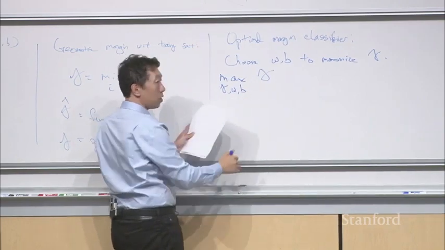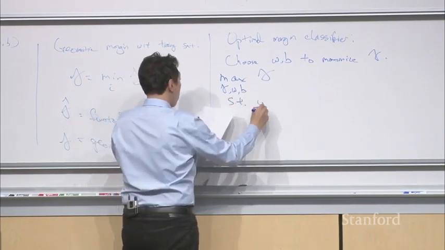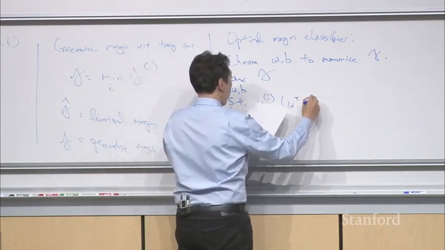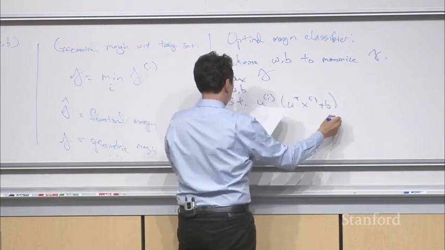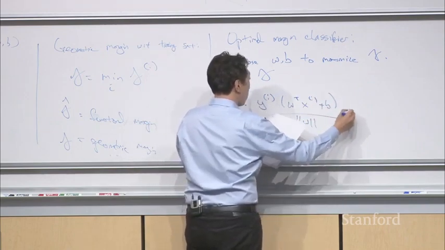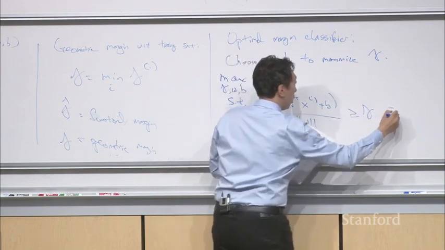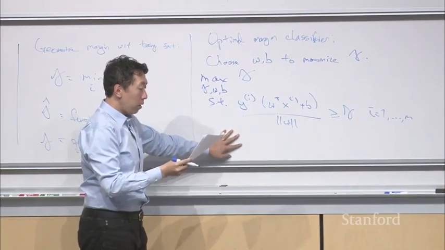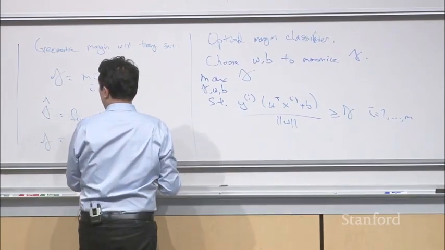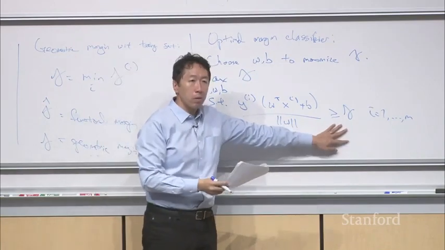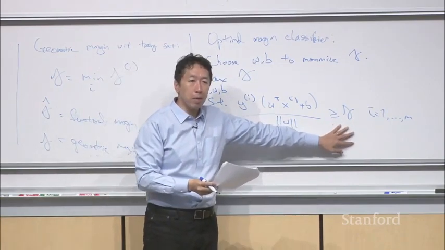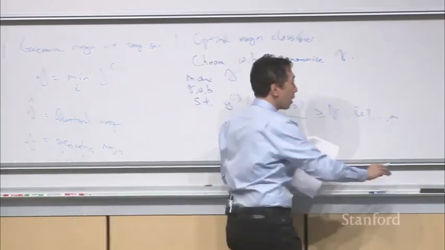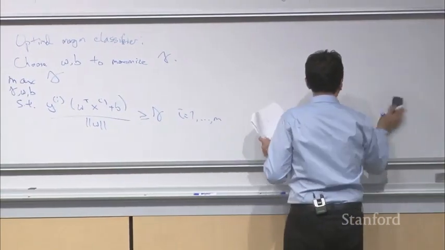So you want to maximize the geometric margin subject to every training example having geometric margin greater than or equal to gamma, right? So you want gamma to be as big as possible, subject to every single training example having at least that geometric margin. This causes you to maximize the worst-case geometric margin.